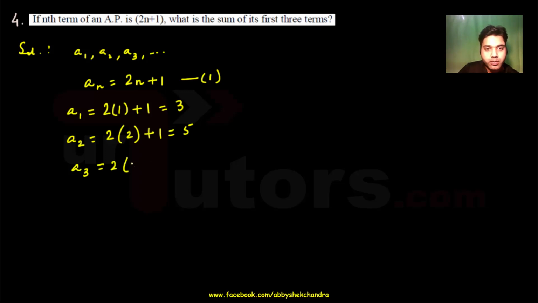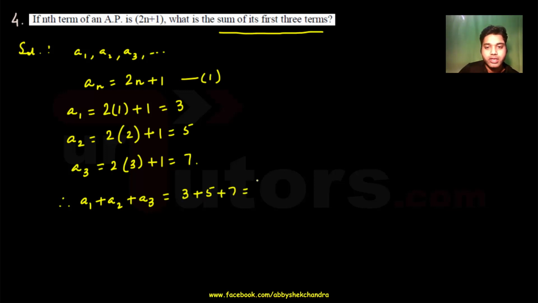But even if you put n equal to 3 in equation 1, you'll get 2n plus 1 equal to 7. Now what do we need to find? We need to find the sum of its first 3 terms, that is A1 plus A2 plus A3. Therefore A1 plus A2 plus A3 will be equal to 3 plus 5 plus 7 equal to 15.